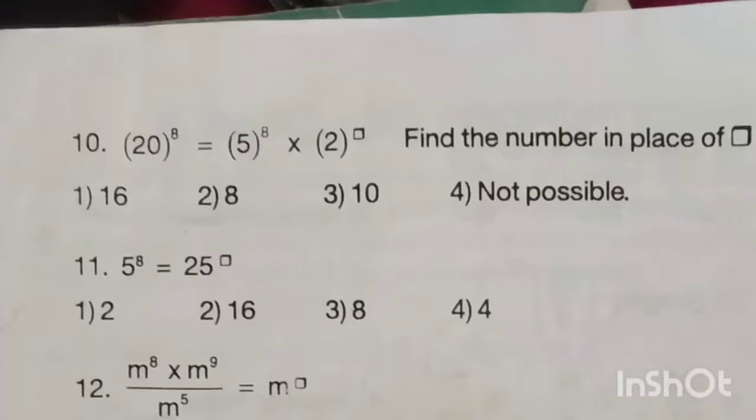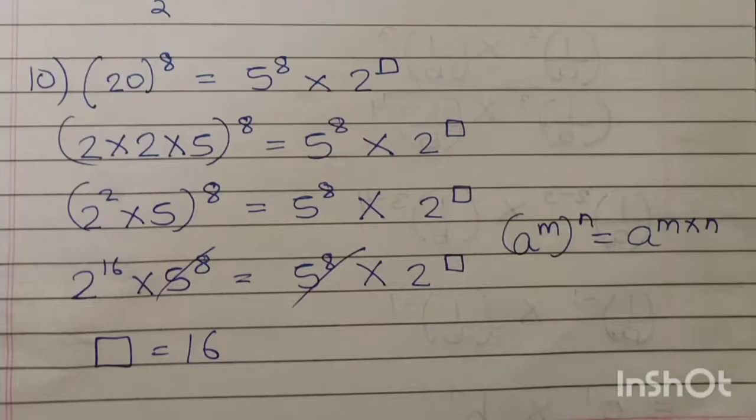Now the 10th question: 20 to the power 8 equal to 5 to the power 8 multiplied by 2 to the power what? First of all, we know that we can rewrite 20 as 2 into 2 into 5. We are rewriting it in the form of numbers 2 and 5 because those are the only numbers on the other side of the equal to mark.